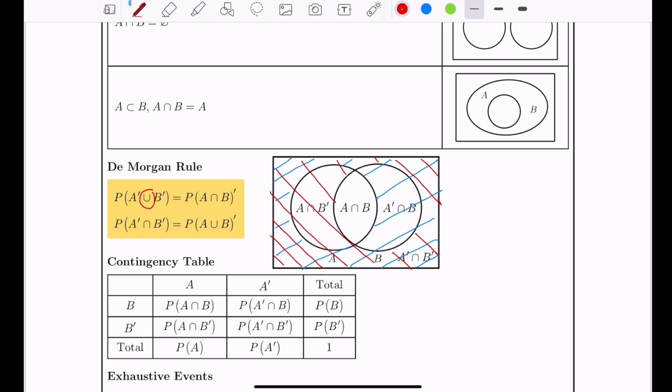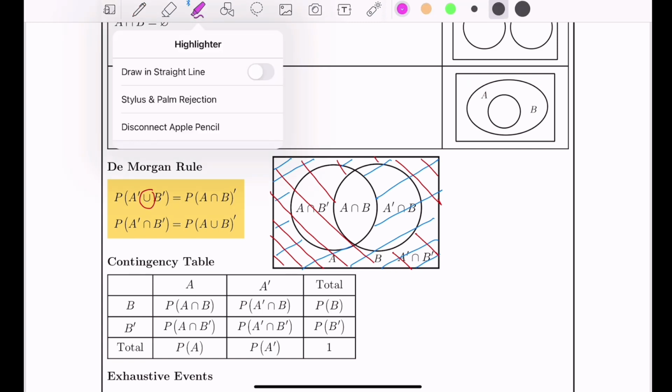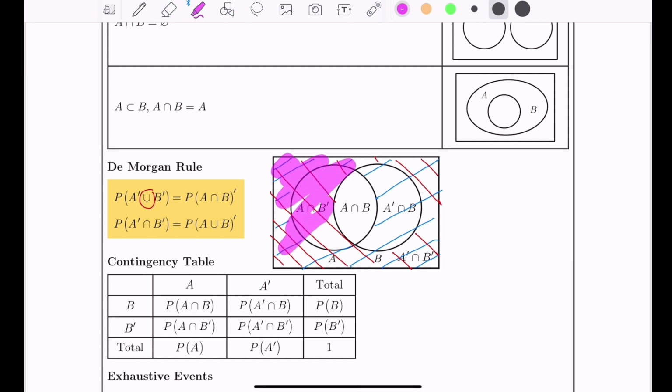As we can see here, it means everything in this region that is shaded, everything in the sample space except for the intersection between A and B. That's why P of A prime union B prime equals probability of (A intersect B) prime, everything that is not A intersect B.